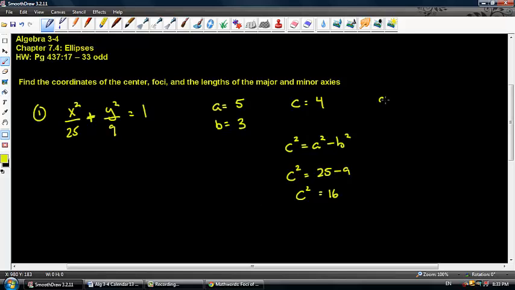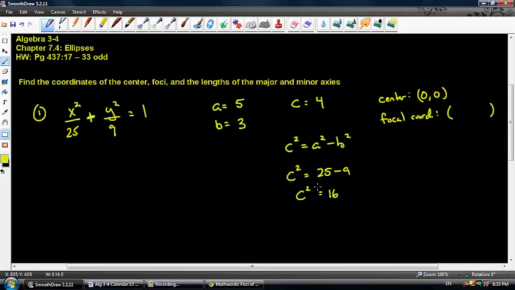From here, I'm going to go ahead and identify the center of the ellipse, which is going to be 0, 0. Notice there is no shiftage happening within the inside of x and y. And from there, I'm going to go ahead and find my focal coordinates.